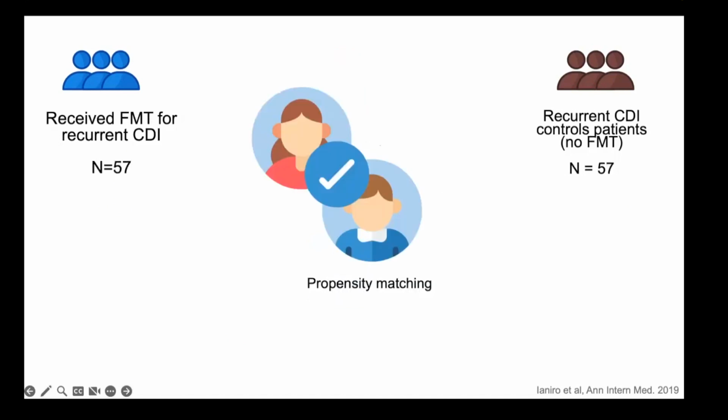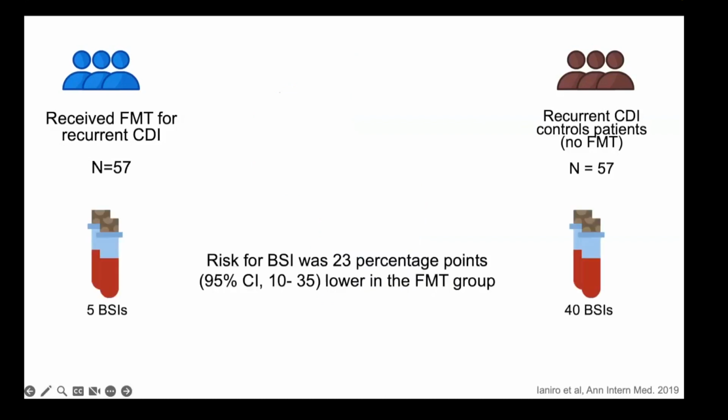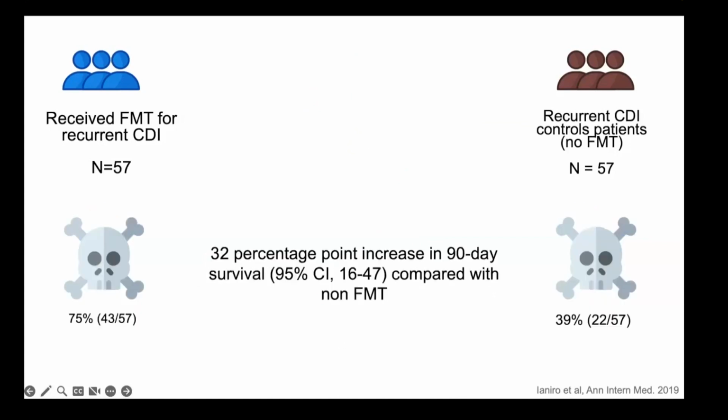These patients were matched through propensity matching, and so we lose some of these patients, and we're left with 57 propensity matched patients. And you can see that there were only 5 bloodstream infections in the FMT group compared to 40 bloodstream infections in the non-FMT group, and this comes out to a 23 percentage point reduction for BSI and a 32 percentage point increase in 90-day survival from 39% to 75% in the FMT group.